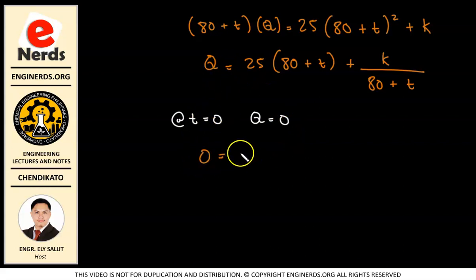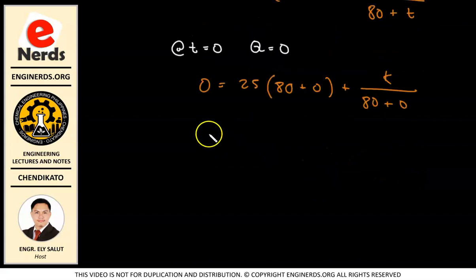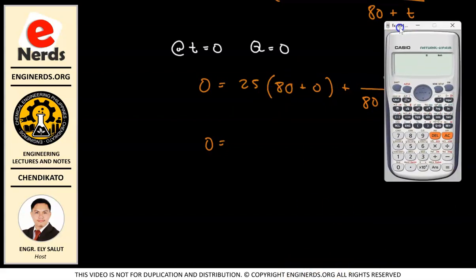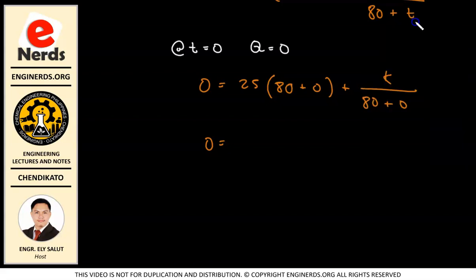So, we have 0 is equal to 25 times 80 plus 0, plus K divided by 80 plus 0. Let us use our calculator here. We have 25 times 80, which is equal to 2,000, plus K over 80.